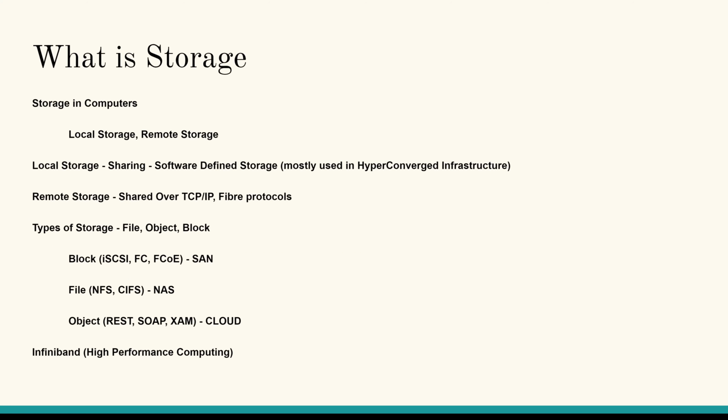There are two types of storages in computers. One is local storage, as I said earlier, the local storage that is connected to the computer itself. When you go and buy a computer, whether it's a desktop or a laptop or server, it comes with its own local storage. But storage is not limited to the local only. It can come from a remote storage.